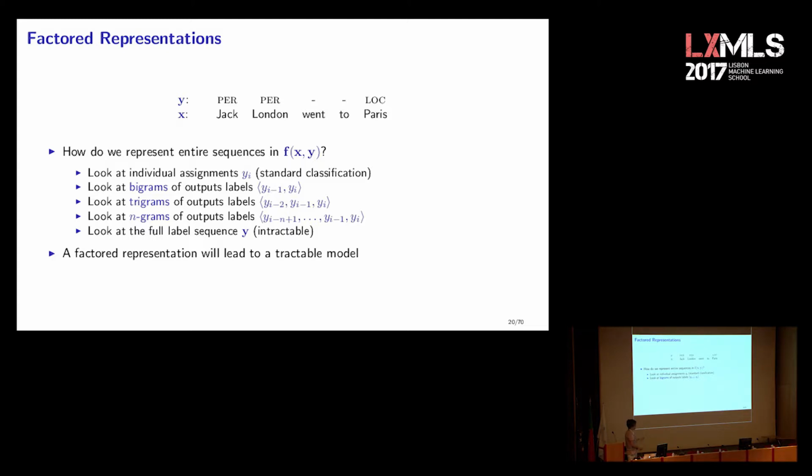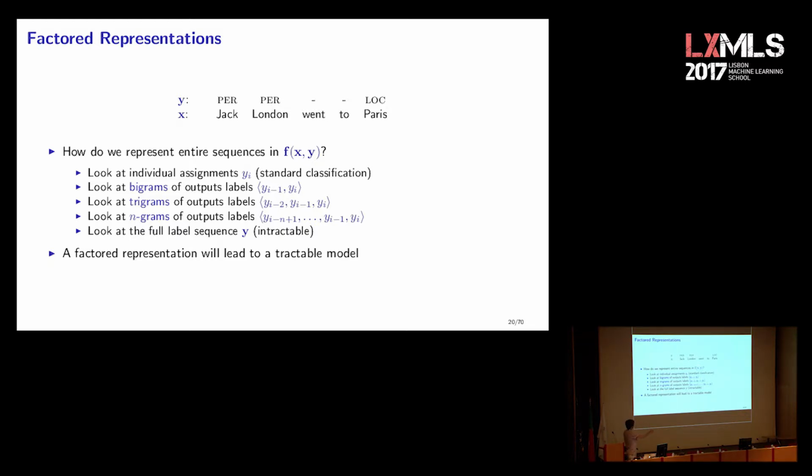We could look at every trigram, every chunk of size 3. We could look at every chunk of size n, for a fixed n. Or we could look at the full sequence.